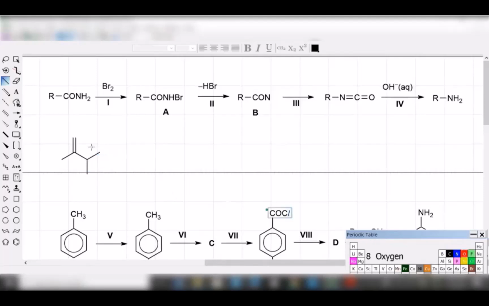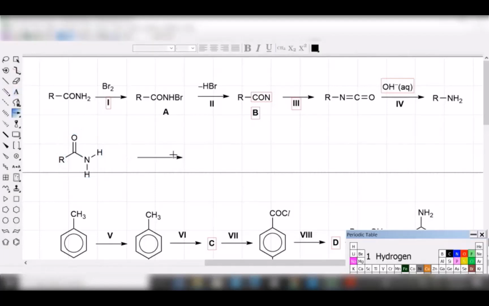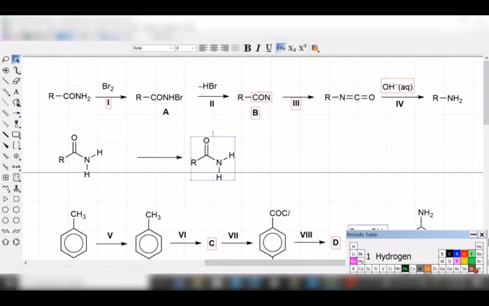The drawing takes a bit of time. And then I'm going to draw A out. A is essentially you replacing one of the H with Br.